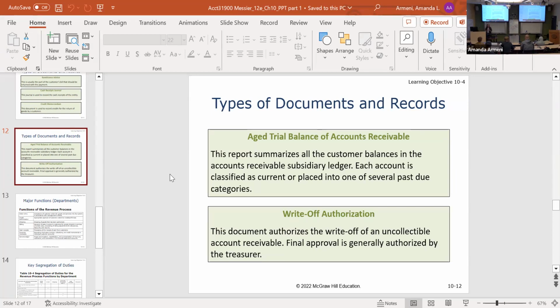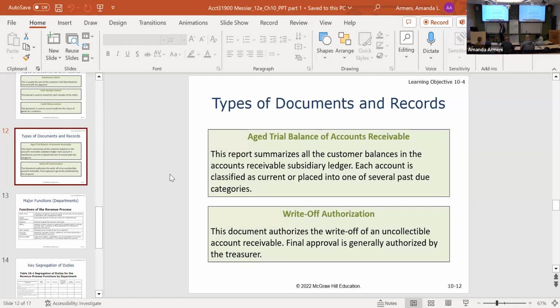And then if the situation is such that we know 100% the customer is not going to pay us what they owe us, we would not want to keep that account receivable on our accounting records forever. We know they're not going to pay us. We would want to make an entry in our journal to remove that receivable from our accounting records. We should get authorization to do that first.